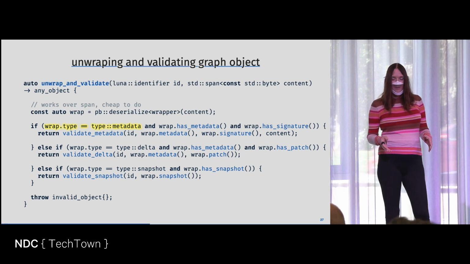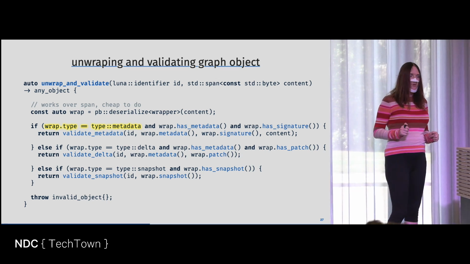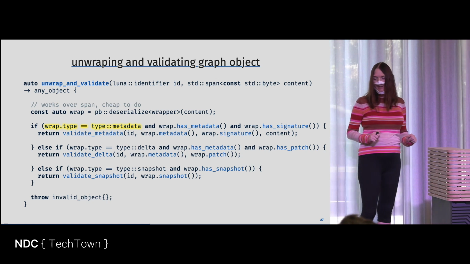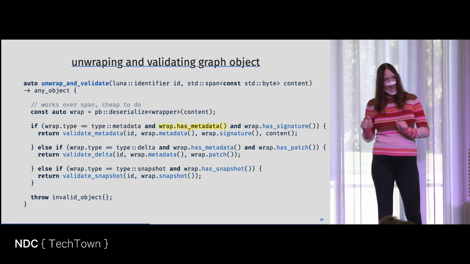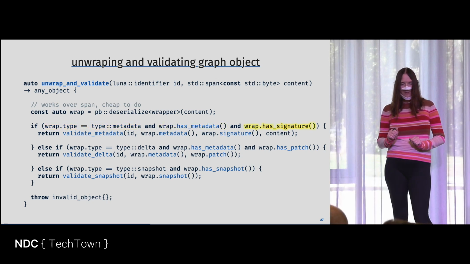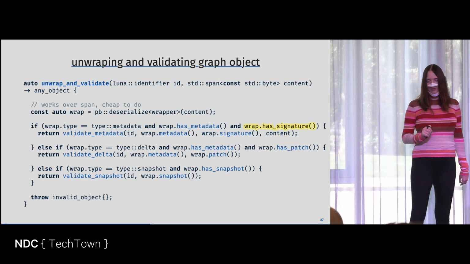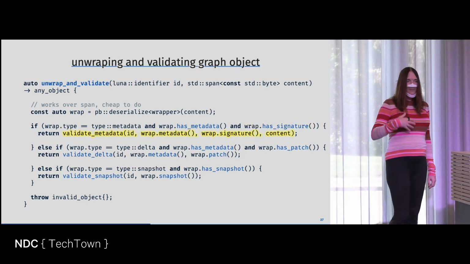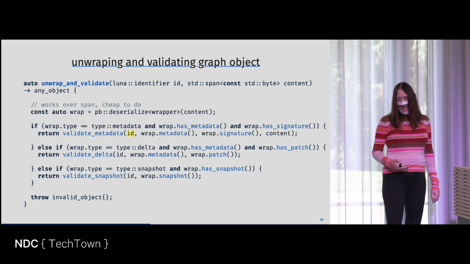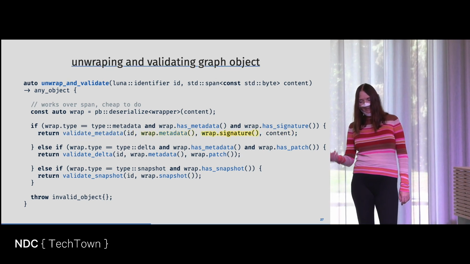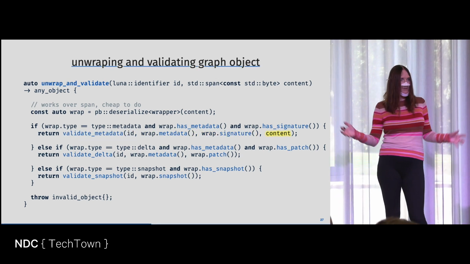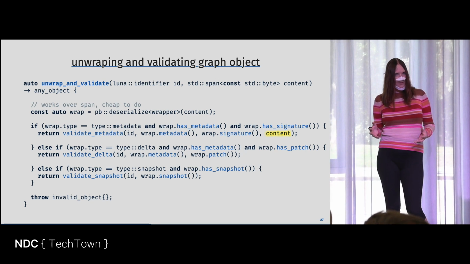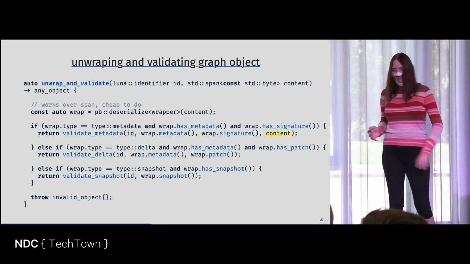Then if in the wrapper we know that the type is metadata, it contains metadata and a signature, because every metadata needs to have a signature. We call the function validate metadata with its ID, metadata content, signature, and the content of the whole object we just downloaded, because we need it later.